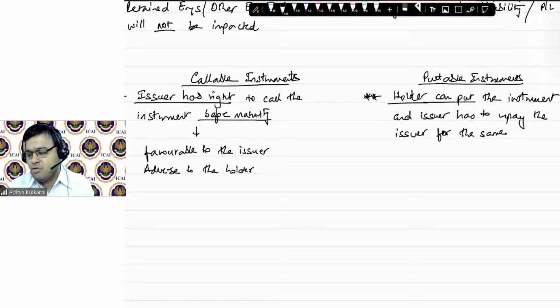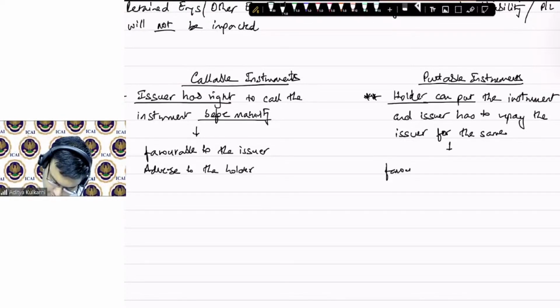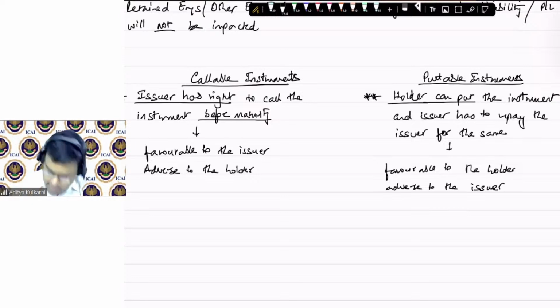So an open-ended mutual fund is an example of a puttable instrument. Now this will be favorable to whom? Sir, this will be favorable to the holder and adverse to the issuer.